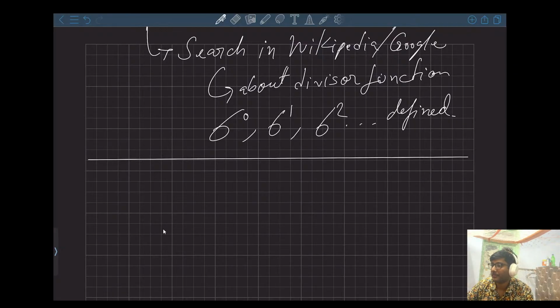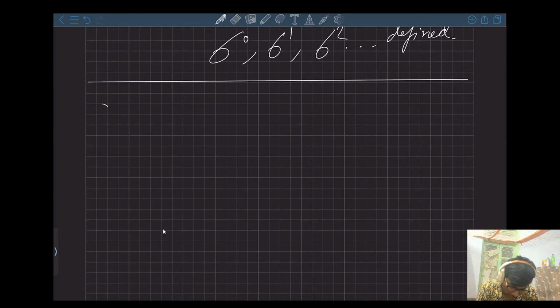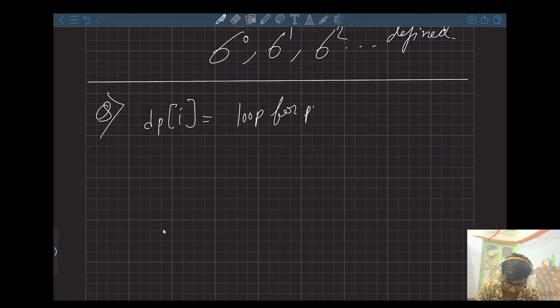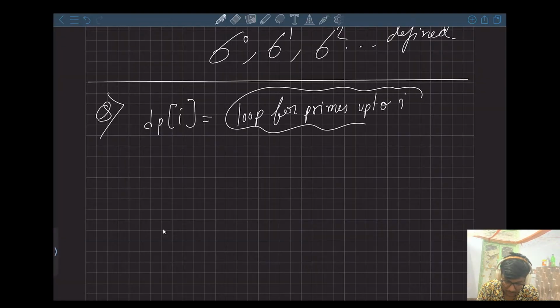Now let's try to solve some simple questions. Let's say dp of I equals, loop for primes up to I. Like if I is a prime, then I will run a loop of order n, and I goes from 1 to n.